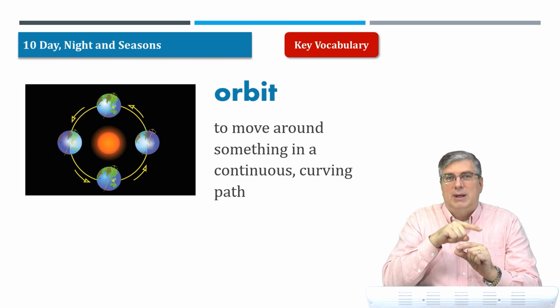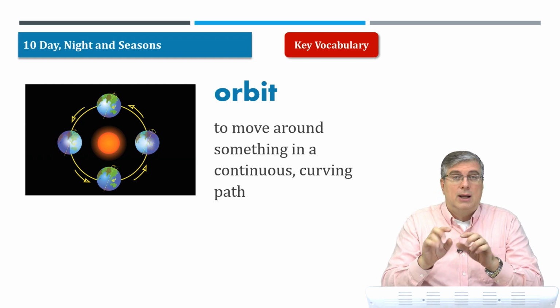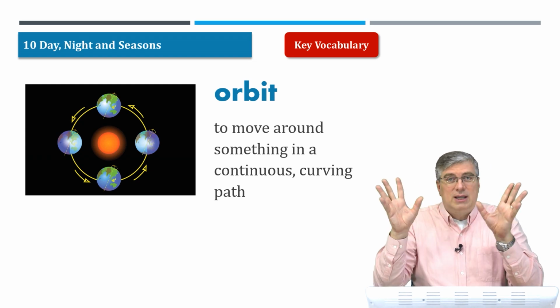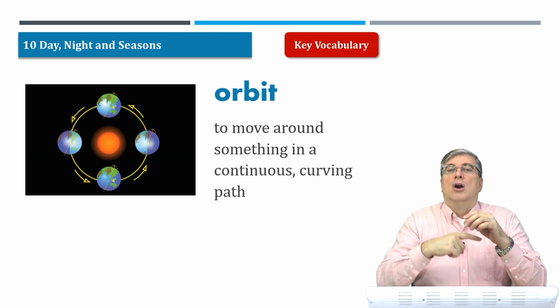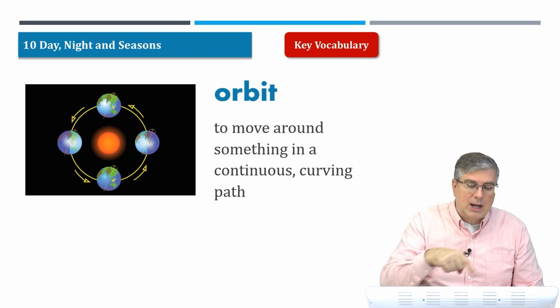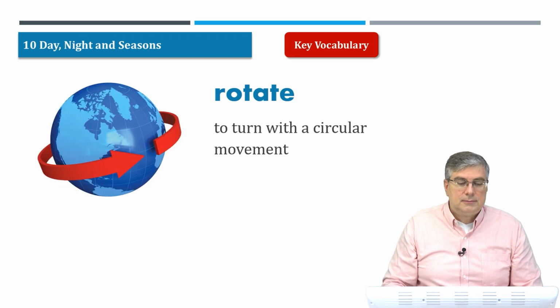And the Earth is orbiting the sun. The moon is orbiting the Earth. Right? And all the other planets, Jupiter, Saturn, Neptune, Mercury, Venus, Mars, all of them are orbiting the sun. Okay? So to orbit, to move around something in a continuous curving path.